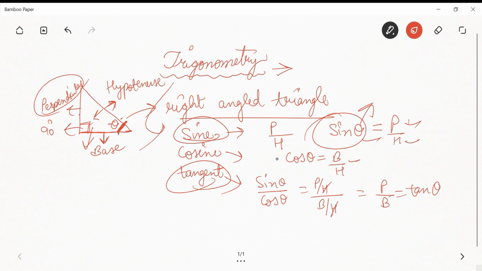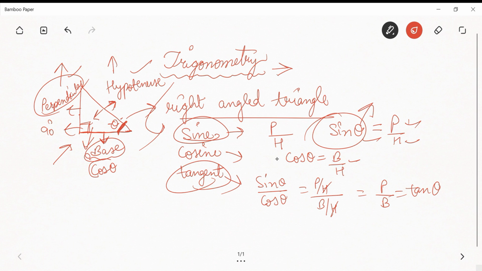Now, if in this triangle only two values are given to you in the question, that is perpendicular and hypotenuse, and the question is asking you to find out cos theta. So first of all, with the help of the values given to us, that is perpendicular and hypotenuse, we will find out the value of base.